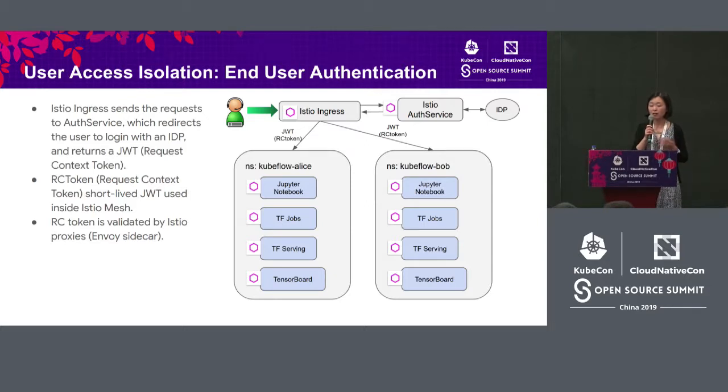So it has very nice security characteristics because the token cannot be impersonated outside the mesh. The RC token is validated locally by Istio proxies running in front of the machine learning workloads. And after the token is validated, the user is authenticated to access the machine learning workload.